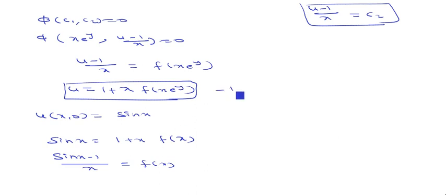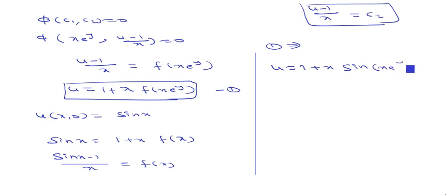So now equation 1 becomes u equal to 1 plus x times f of x e power y, which is sine of x e power y minus 1 by x e power y.